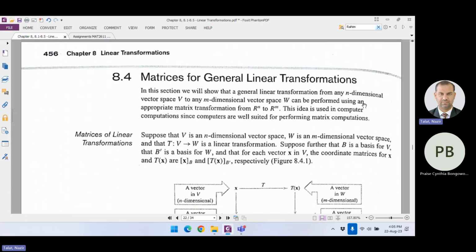Today, in the topic, we will discuss the matrices for general linear transformations.